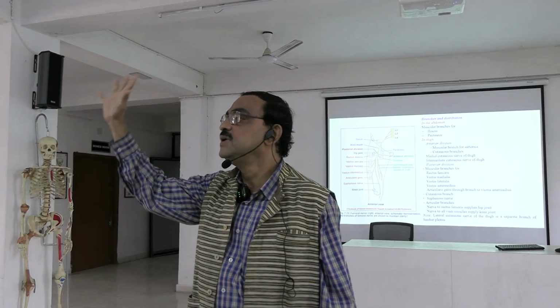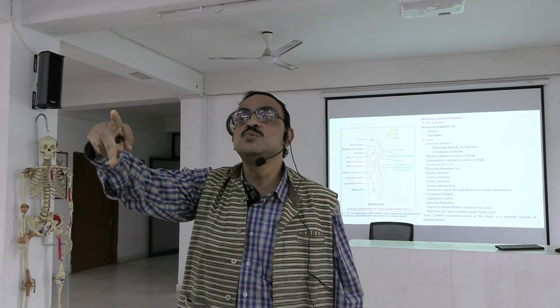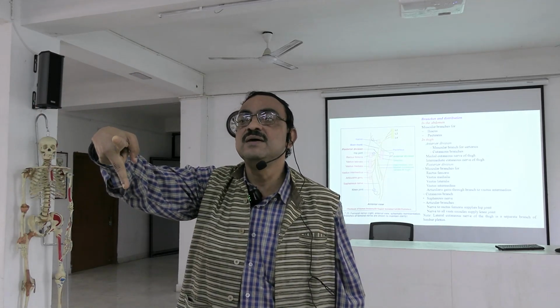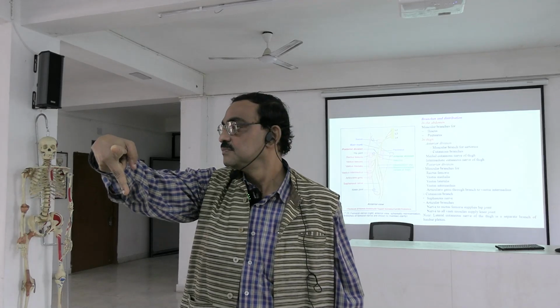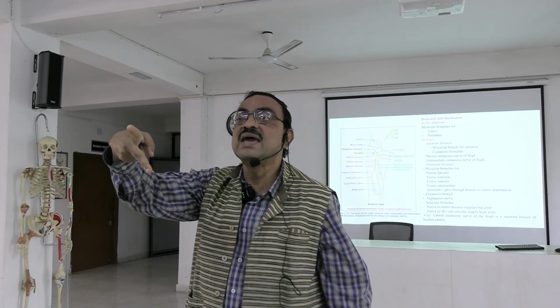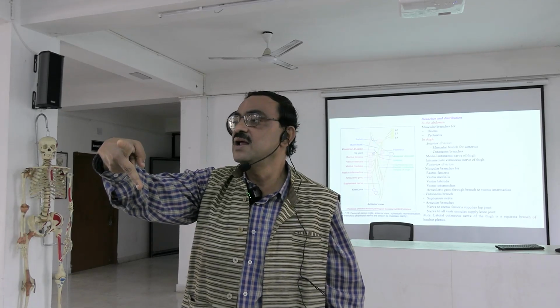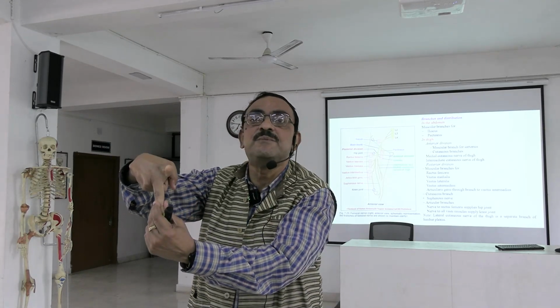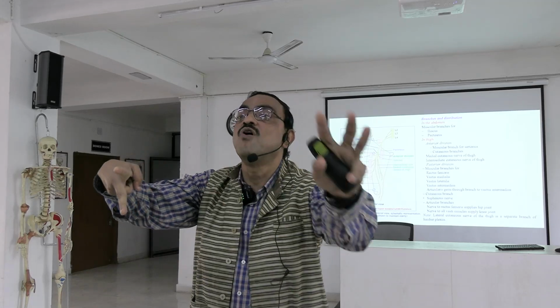Just remember, the femoral nerve divides into two branches. One is the superficial branch, one is the deep branch. From the superficial branch, we will get 3 cutaneous nerves, 1 muscular nerve. Whereas from the deep branch, we will get 4 muscular branches and 1 cutaneous branch.